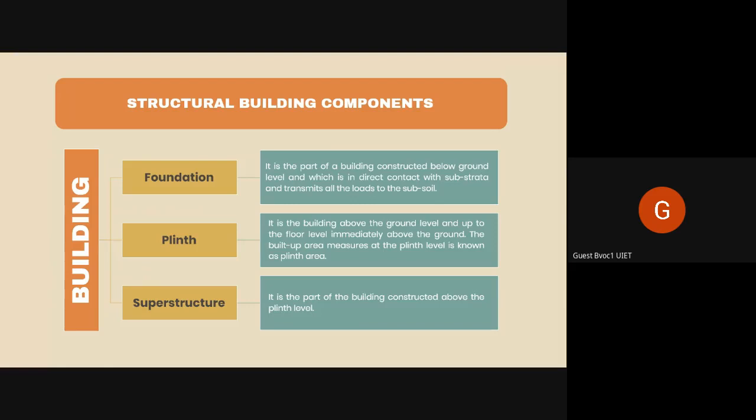Then the plinth is basically the base of the building that we stand on. It is the ground level, ground floor of the building, and the floor surface. And the built up area is measured at plinth level, meaning whatever the area of the plinth is.